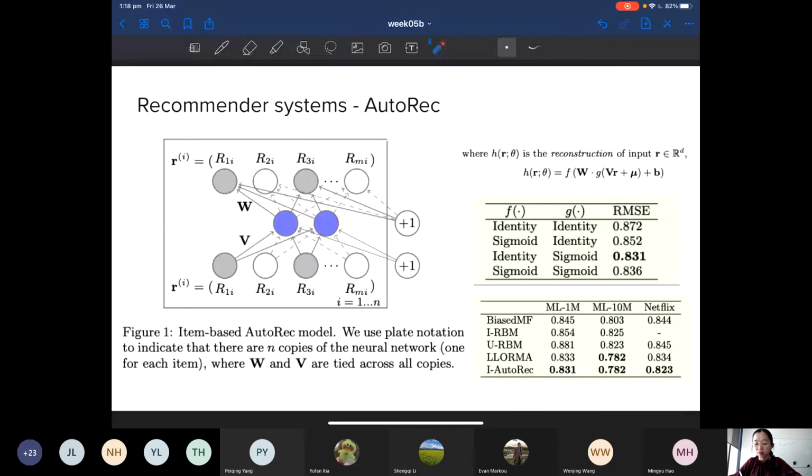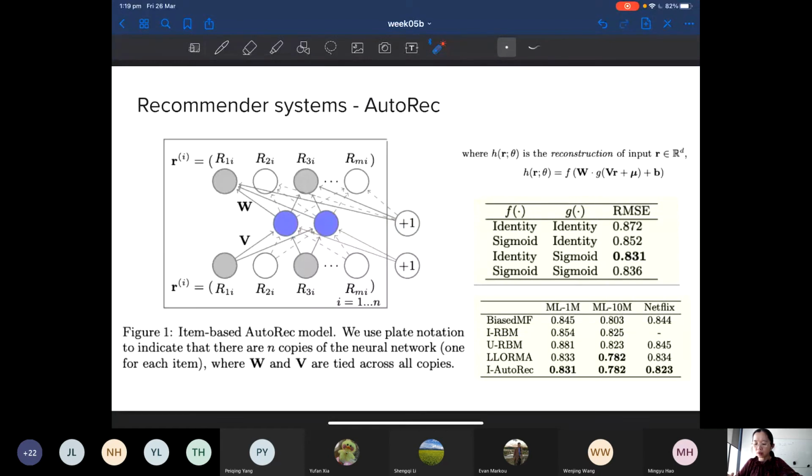And surprisingly, it beat all of the prevailing approaches. Biased matrix factorization was what I drew last round, RBM, restricted Boltzmann machines, was the prevailing neural approach at that time, and LLORMA was a local low-rank projection approach.